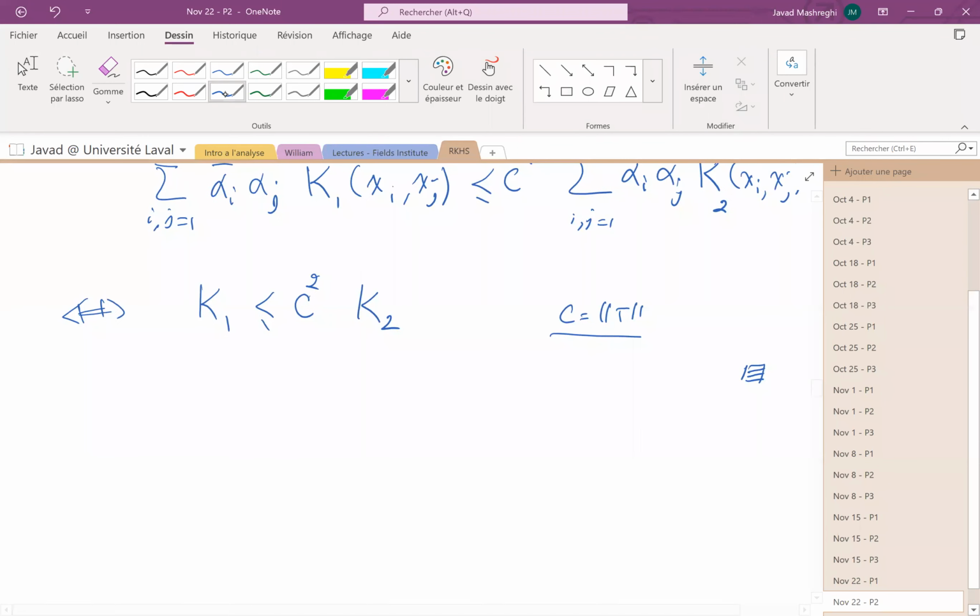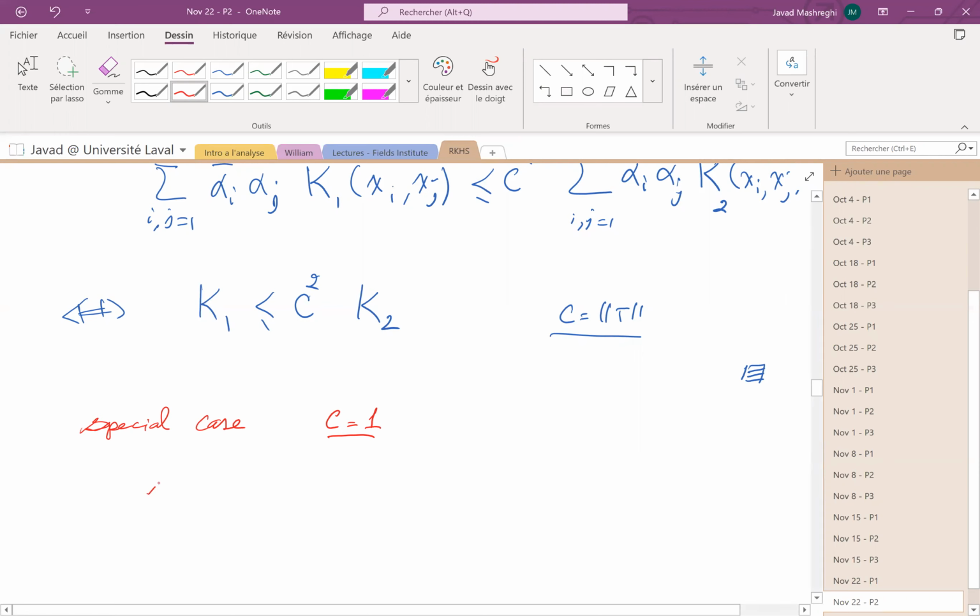A special case which is very important is the contraction, when C is equal to 1. In this case, we say that H1 is contractively included in H2.